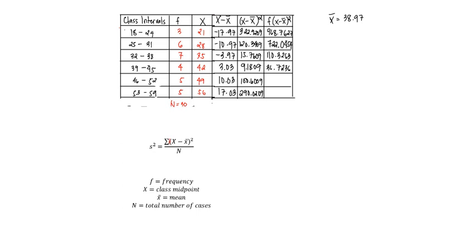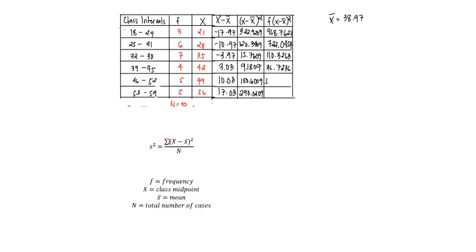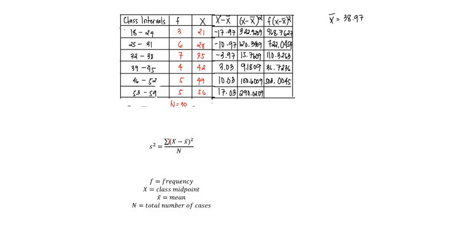And then 100.6009 times 5 to give you 503.0045. And then 5 times 290.0209, which will give you 1450.1045. Now we take the summation of this.